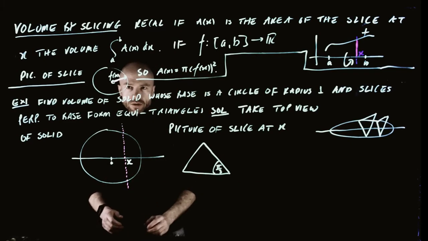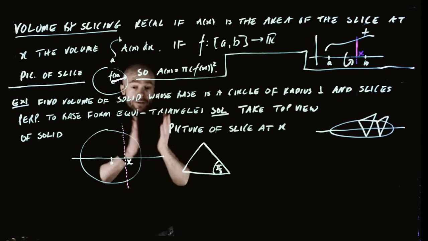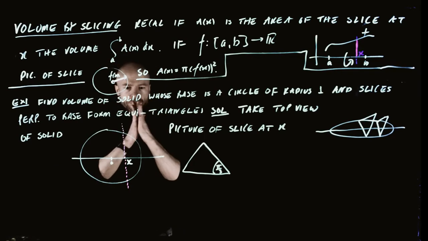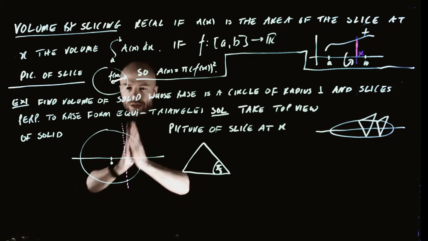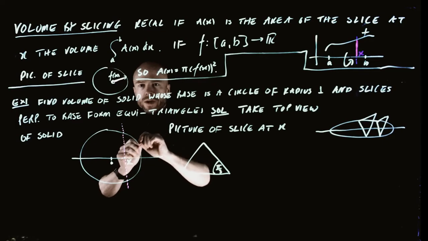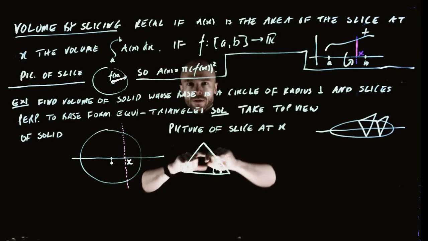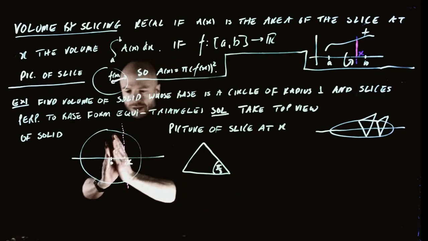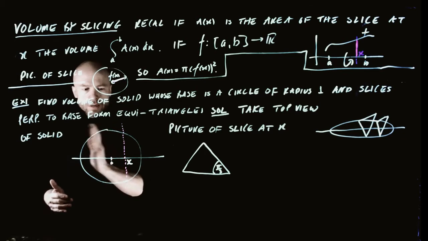Okay, so if we take two knives which are very close together, infinitely close together, and then we slice through this object, we get this triangle, and then we lay it flat, and that's the picture we see. Yeah? And that's true for every slice we take from 0 to x, and it's a symmetrical shape. So we are only going to consider from 0 to x.